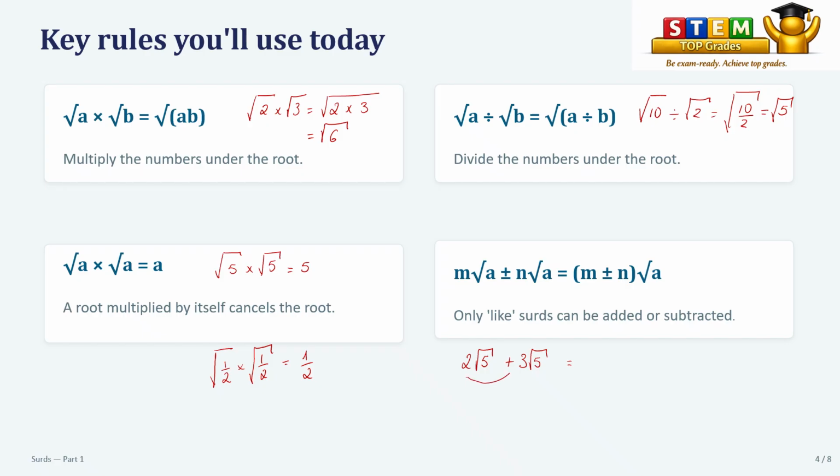So we're going to get 2 plus 3, which is 5 root 5. That's an addition. In case of a subtraction, let's say you got 10 root 3 minus 4 root 3. That would give us 6 root 3.